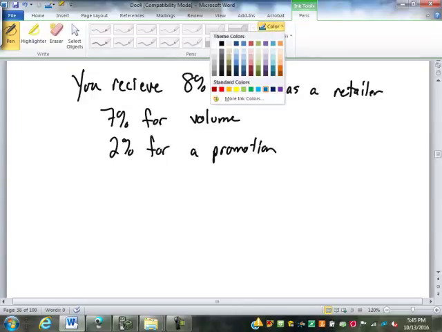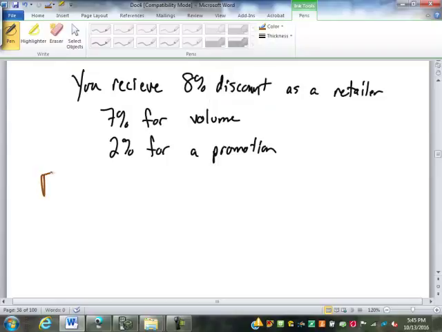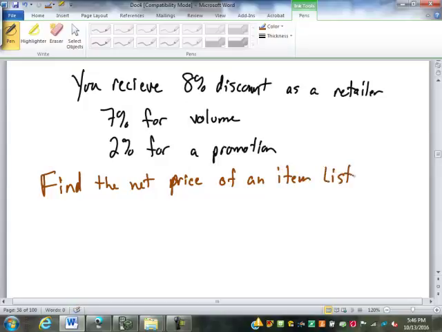So here's the question. Find the net price of an item listed for $3,500.